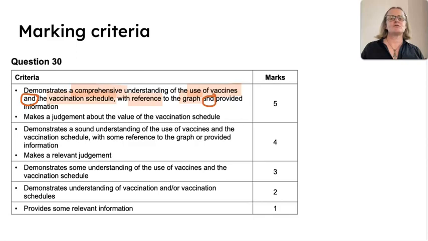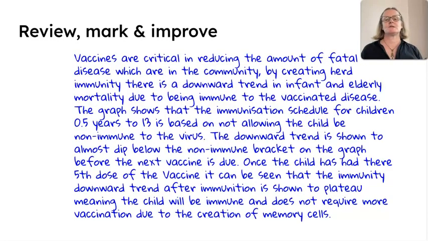Okay, so you have to talk about the information around the graph as well as the graph, and then you want to make a judgment, okay, about how important vaccinations actually are. So let's put our understanding of the stimulus and our understanding of the marking criteria to work. Let's have a look at this student's answer.